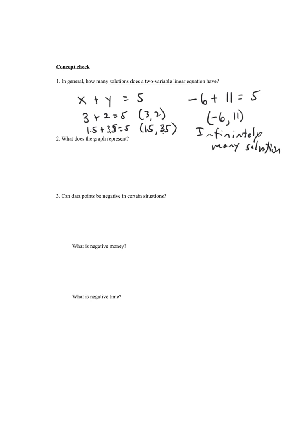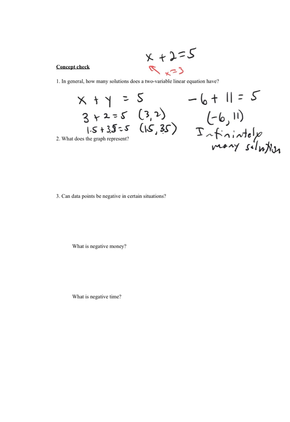So a one variable equation, if I just had like x plus 2 equals 5, well, in that case, there's only one variable, and the only solution that makes that true would be x equals 3, because the other number's locked in place. Whereas if you have two variables, you have a lot more wiggle room, so you actually have infinitely many solutions.